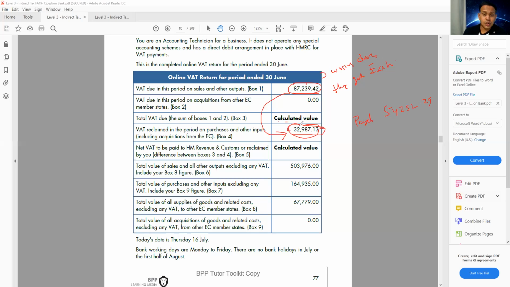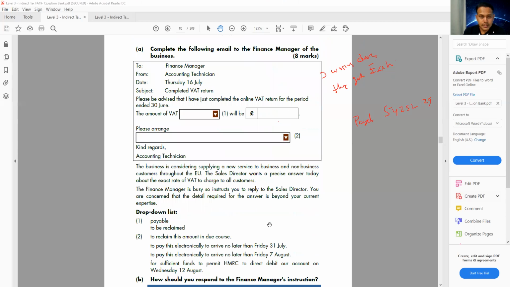Okay, so let's have a look at the next one. We understand this one here. That will be payable, and will be 54.